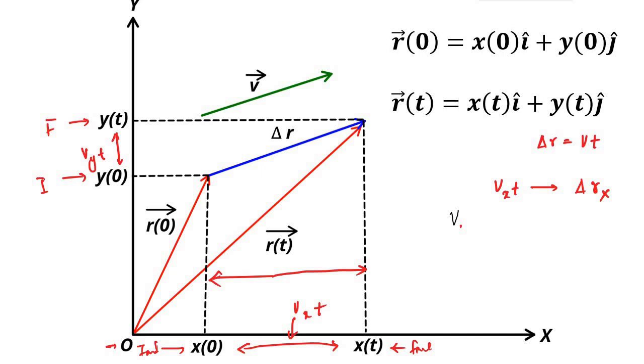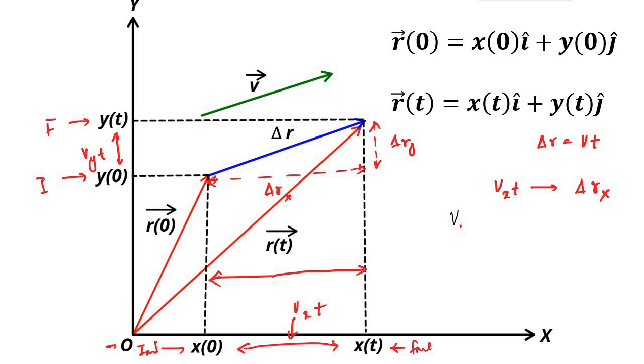So the change in position along the x-axis is the component of this blue vector along the x-axis, here this one. This is delta rx, and this is delta ry.